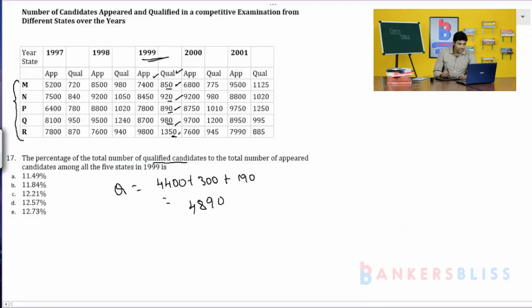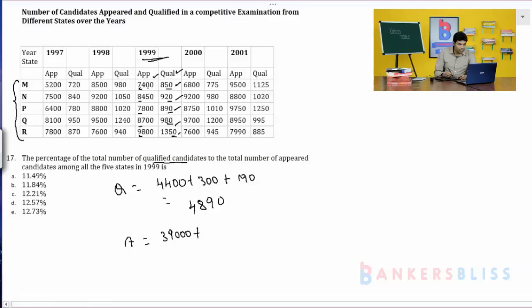Next, appeared, you have to calculate the total number of appeared candidates. So here, see here, 7000, 8000, 7000, 8000, 9000. So 7 plus 7 is 14 plus 1 is 15, again 7 and 8 is 15, 15 plus 15 is 30, 30 plus 9 is 39,000 you got.